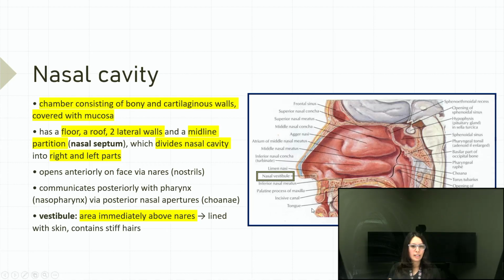The nasal cavity has a floor, a roof, two lateral walls, and a midline partition, which is the nasal septum, dividing the cavity into a right and left part.